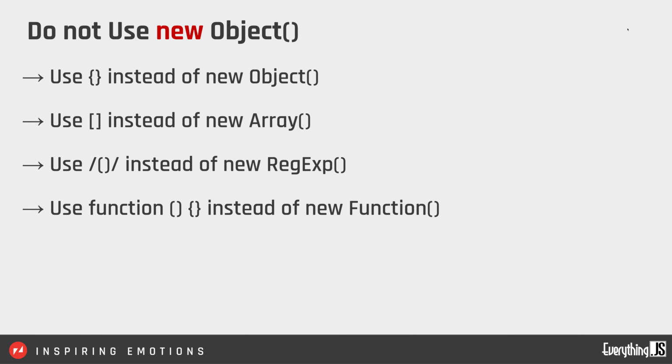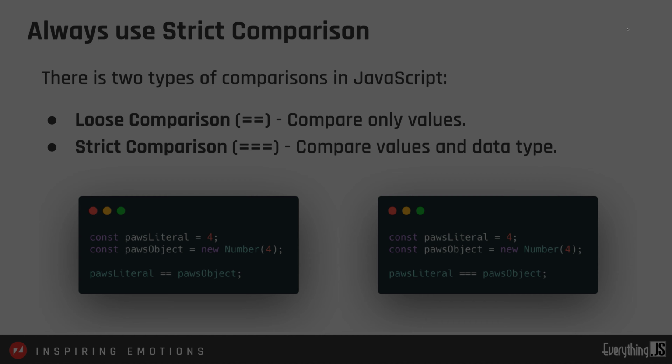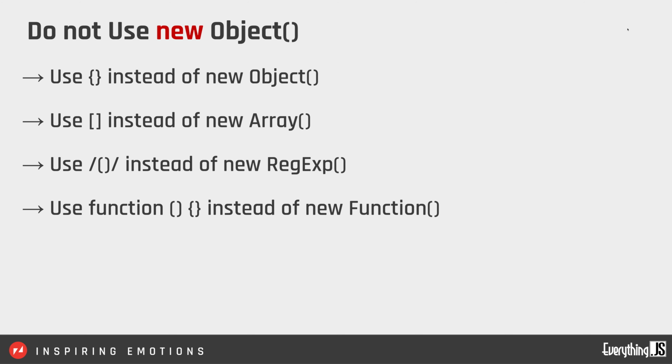Another thing was, don't use the new keyword for creating objects, arrays, regex and functions. Instead of using the new keyword, you can use literals for all of them. This is somewhat like in other languages where they say don't use the constructor.